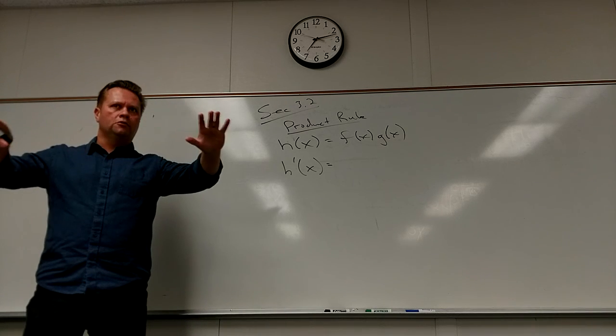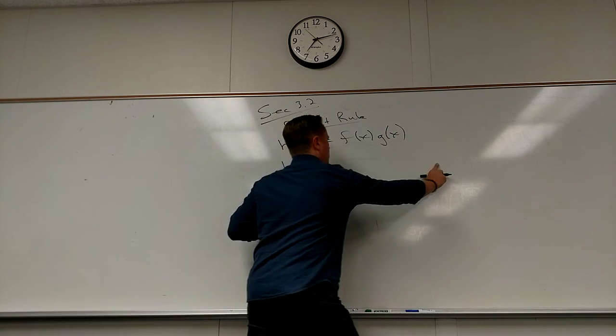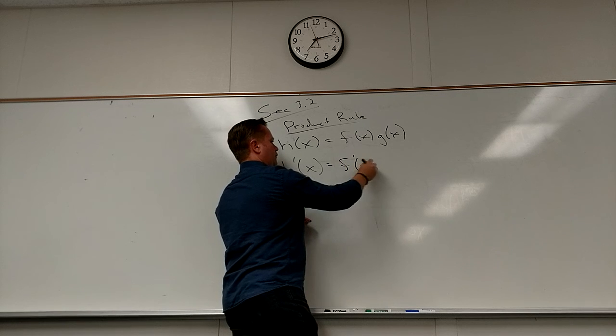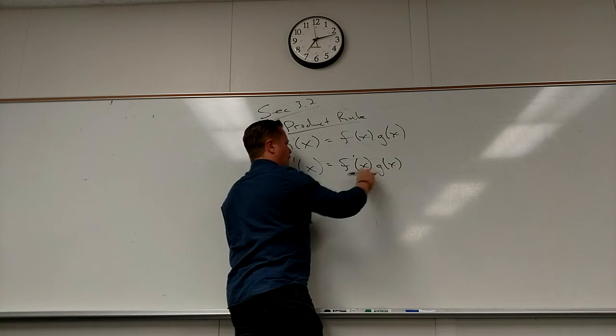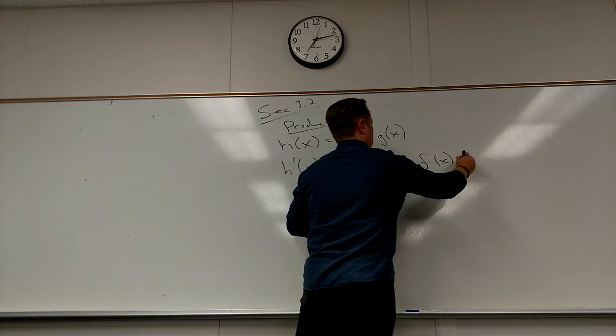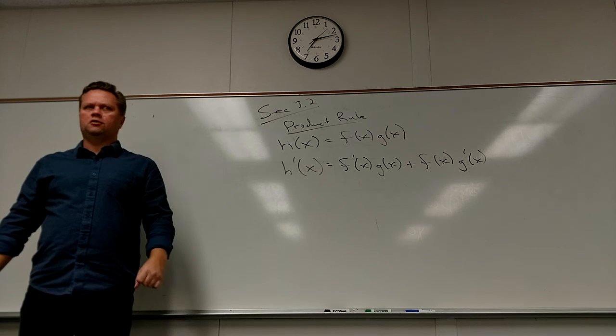You give them all their own term. So how do I rewrite this? What does this become? F prime of x. So then f got its turn. Plus. So they each get their own term.